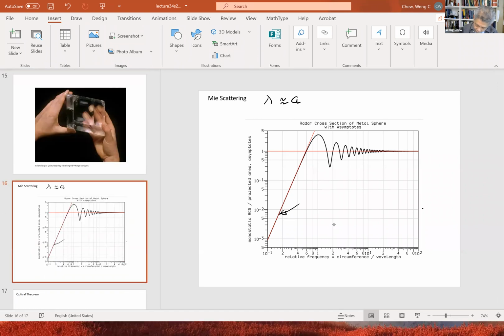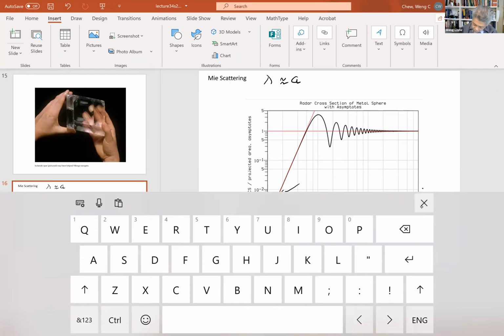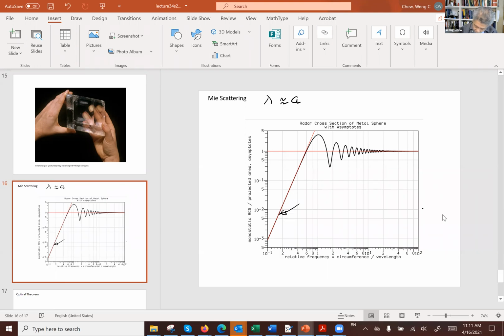So you can say that over this part, we can use Rayleigh scattering. But we cannot use Rayleigh scattering when the size of the particle approaches that of the wavelength. The ratio here is actually over the projected area. This is the ratio of the monostatic radar cross-section.